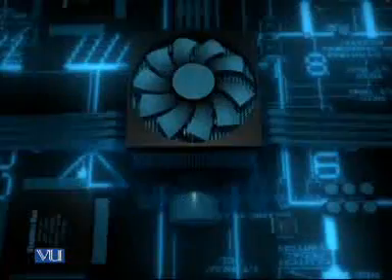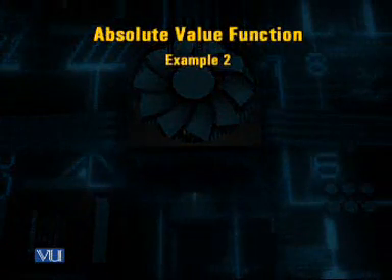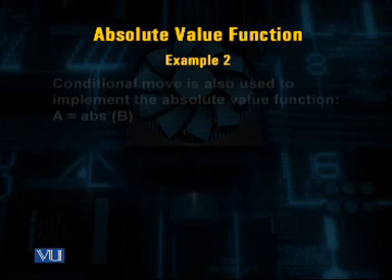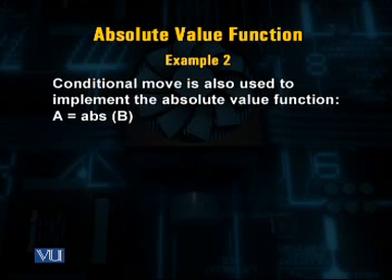However, these are two different approaches which are usually used for very long instruction word processors. We can look into some other uses of conditional move instructions. This is another example where you can observe that a conditional move is used to implement the absolute value.